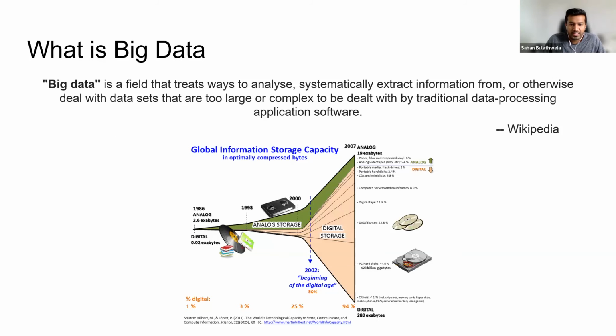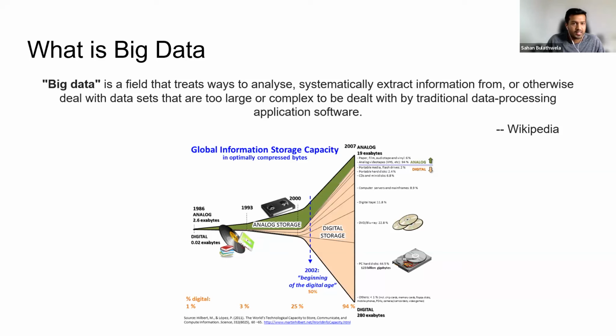Yes, so what is big data? I'm not going to spend a lot of time on this, but it's good to get everyone on the same page. Wikipedia, one of the most referred knowledge bases in the world, refers to big data as a field where you try to analyze, systematically extract information from, or in general deal with data sets that are too large or complex to be dealt with in a traditional data processing system.